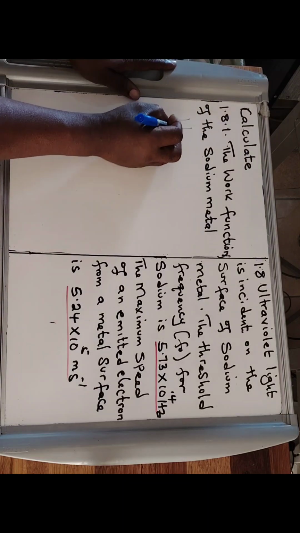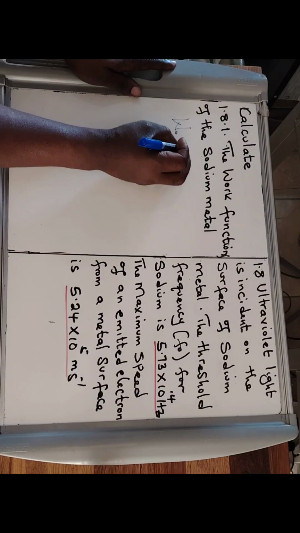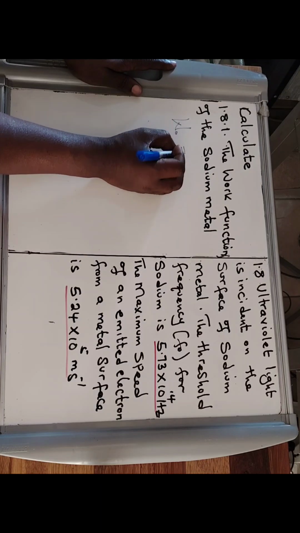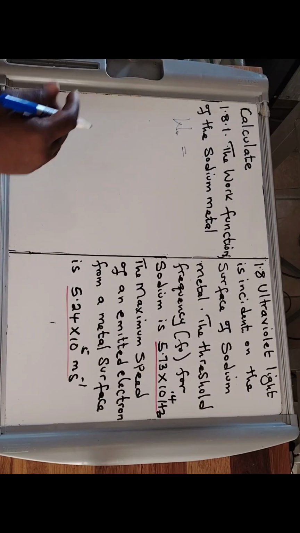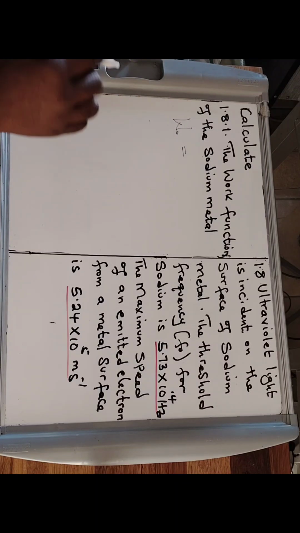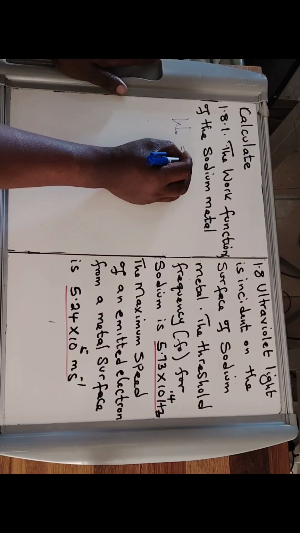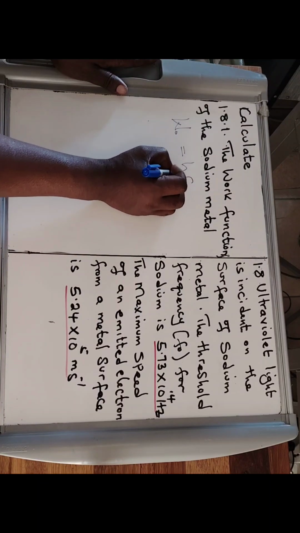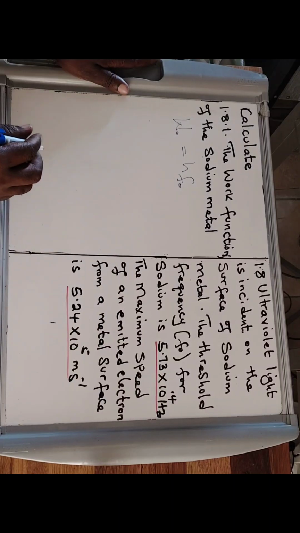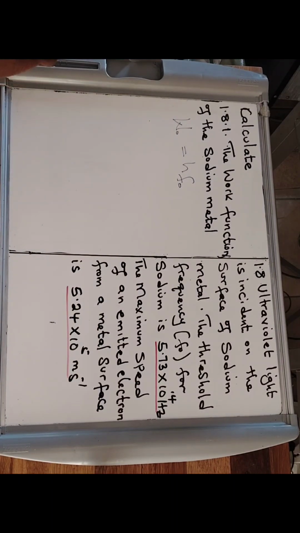We give it the symbol W naught, that's the internationally recognized symbol. And we know that the energy in this field, the electric energy, is given by Planck's constant and frequency. But for work function, this frequency is f naught, the threshold frequency.